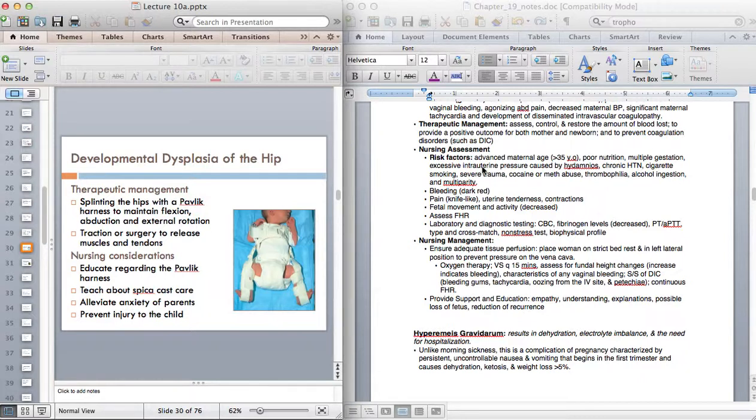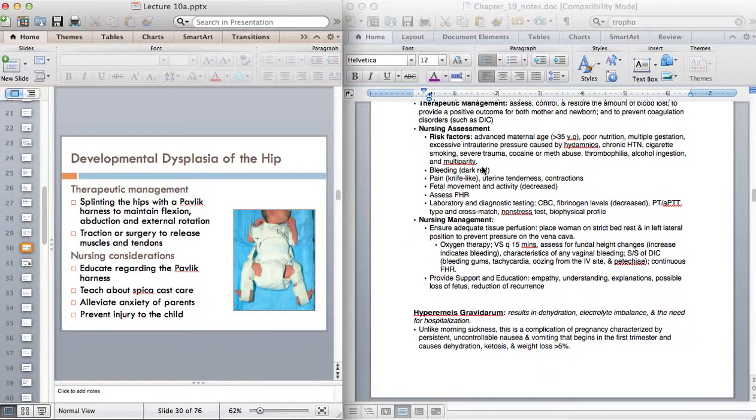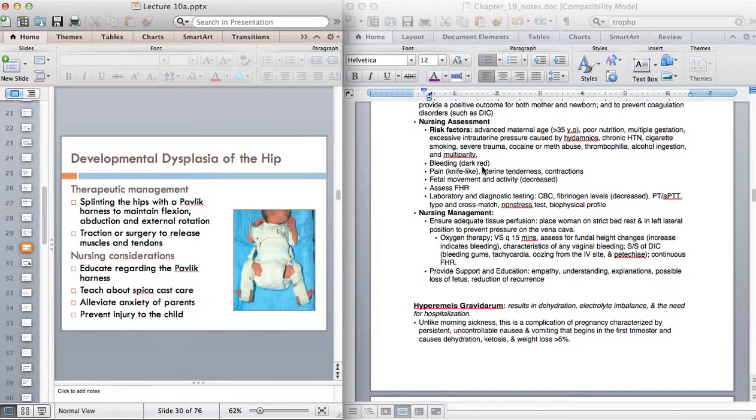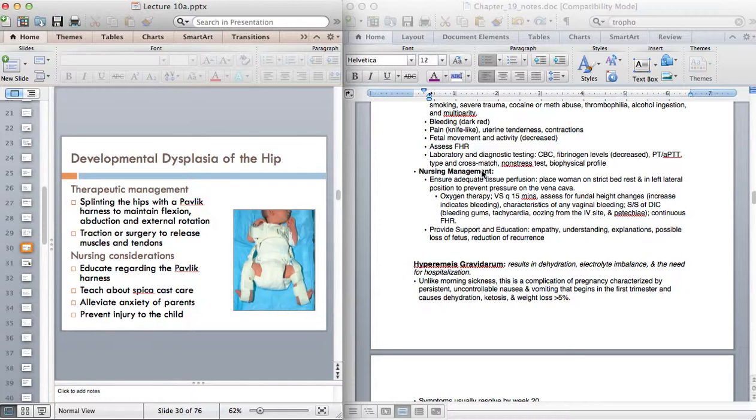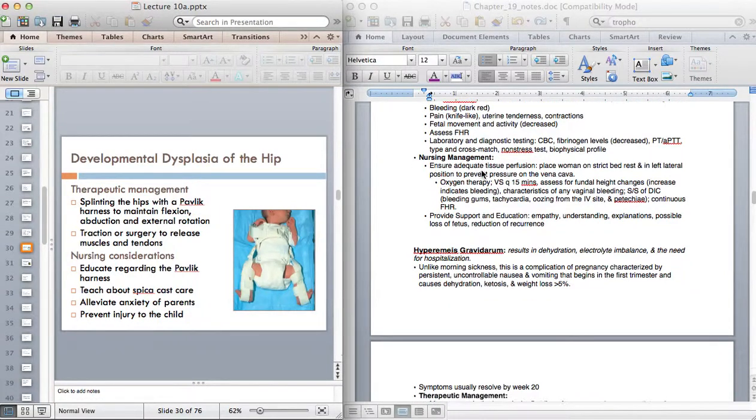So they will do the manipulation and then use the cast to form something like this as well. So the child will have the cast, it will start from here and then end on both legs, maintaining the position that we want.